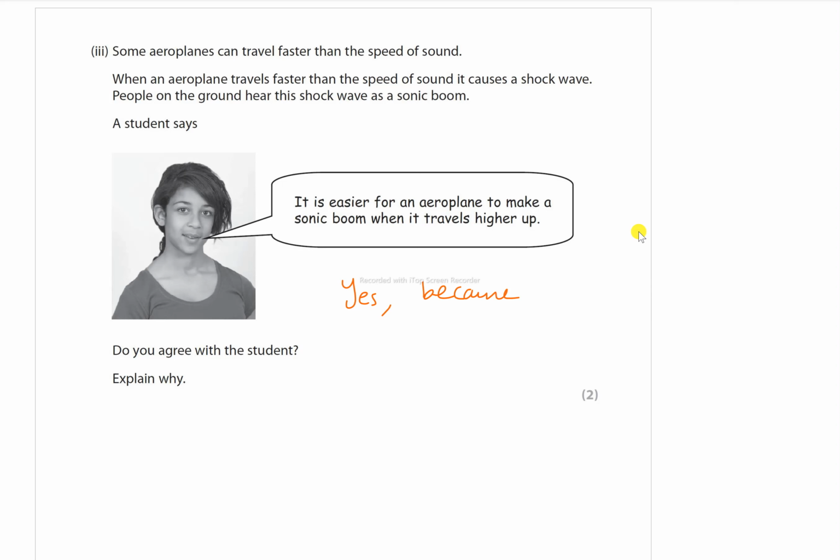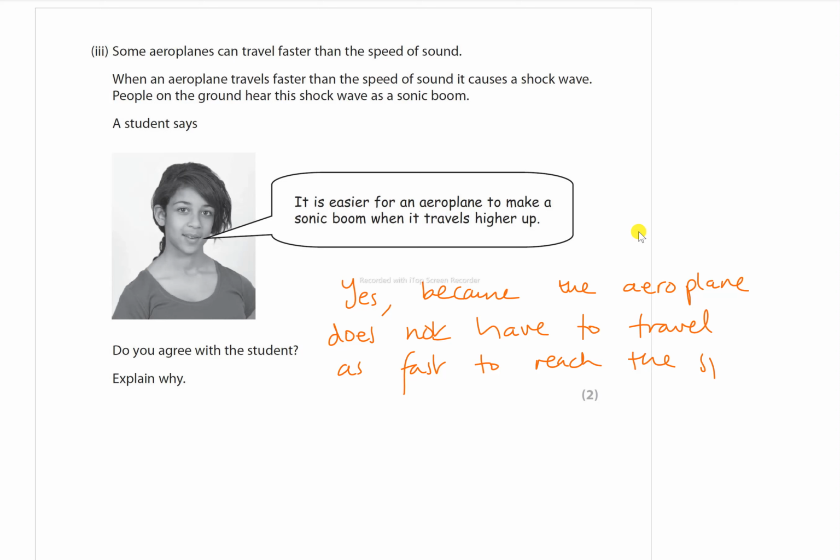Because the aeroplane does not have to travel as fast to reach the speed of sound. There you go. Right, call it quits there. We'll come back to it.